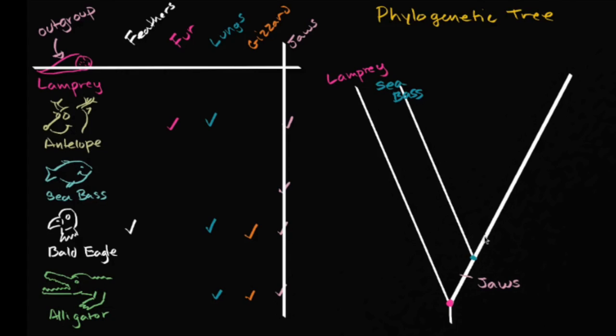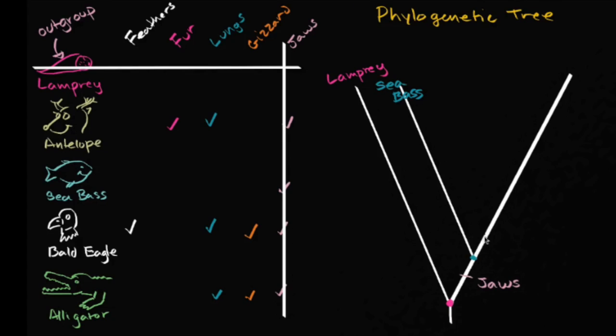So for convenience, since we have already talked about lamprey and jaws, we just cross them off, and then we look at the rest. We can see that for the remaining 4 traits, sea bass does not have any of them, and the other 3 species do have some of them.